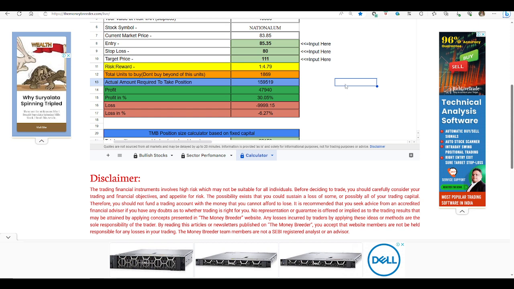So already how many stocks did we buy? 1450 I bought. 1869 minus 1450 stocks I bought, so total 419 units.